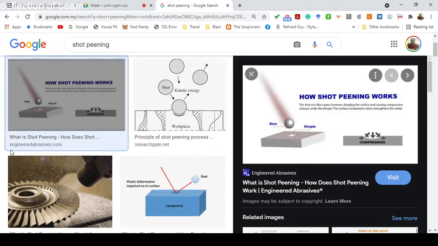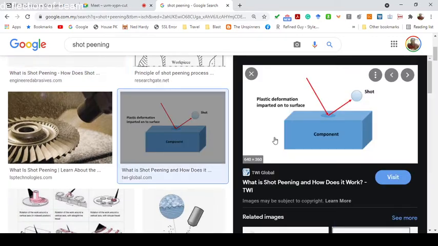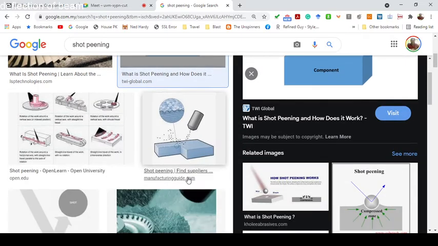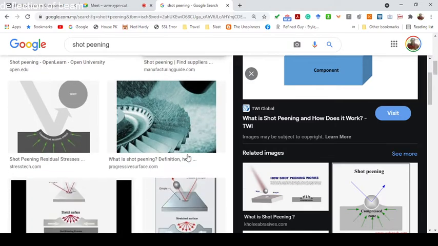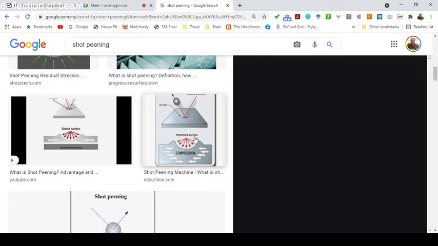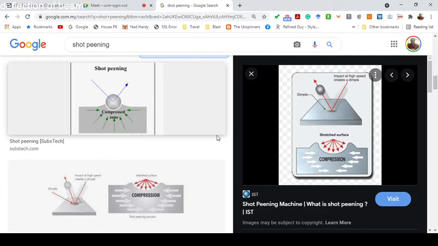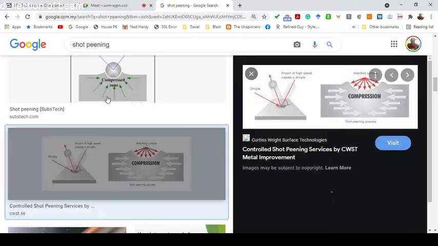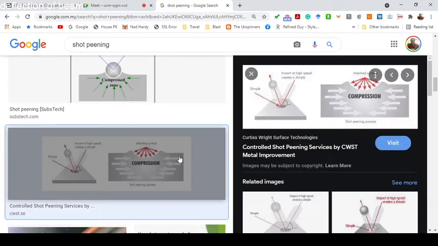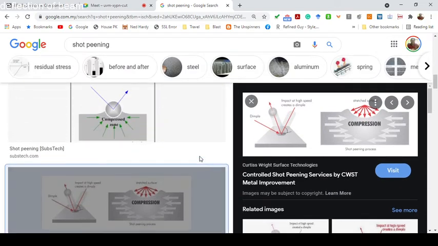It becomes plastic deformation on the surface, and also compression, and this will make the surface become stronger. This is technology that has been used in aircraft, to make the aircraft for fighter pilots stronger.